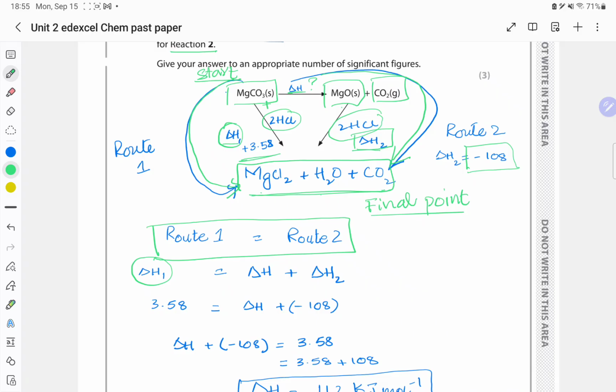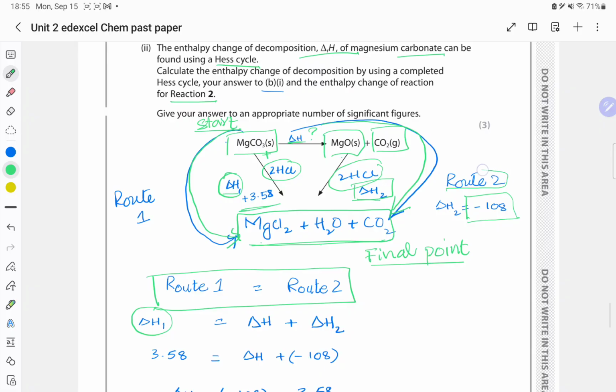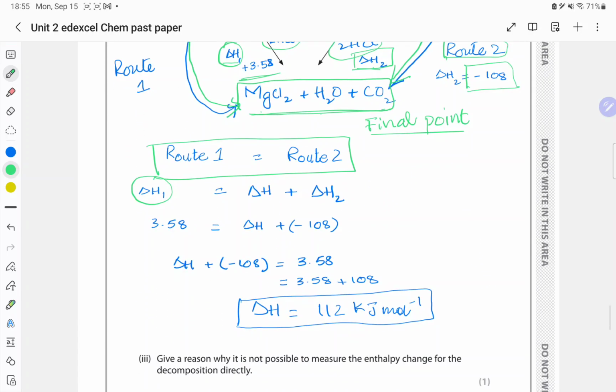And how many delta H are coming under the second route? If you look at route number 2, this is route number 2, we have got delta H and delta H2. So we're going to place it. Then it's very simple. You just place all the values that you have got. After substituting the numbers, you get the value of delta H, in kilojoules per mole.